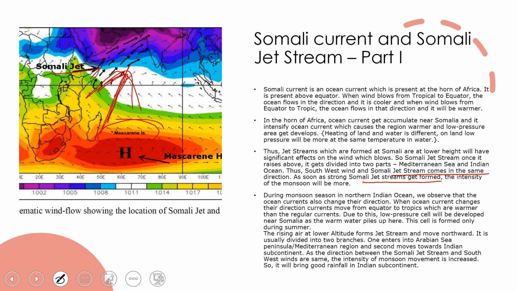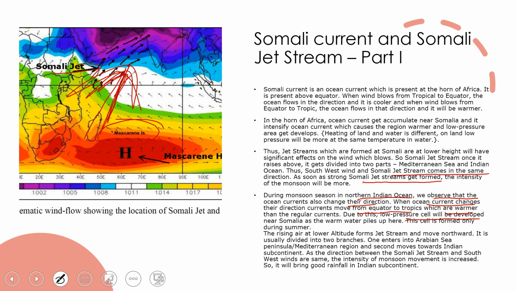So during the monsoon season in the northern Indian Ocean, we observe that the ocean current also changes its direction. When the ocean current changes direction, currents move from the equator to the tropics. In this case, the currents moving from the equator to the tropics are warmer than the regular current. Due to this, a low pressure cell will be developed near Somalia.